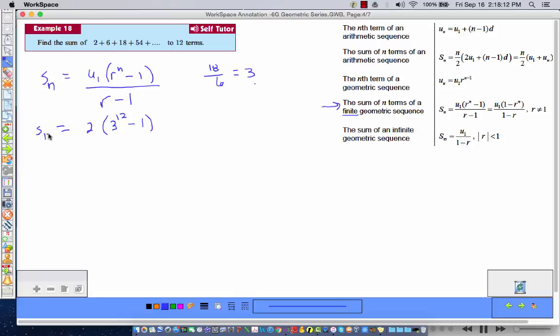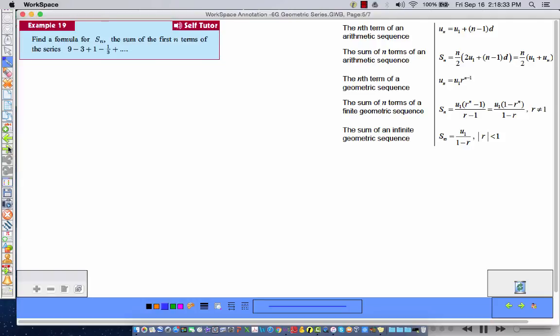I guess I should have put S sub 12 here, the sum of the first 12 terms, all over r minus 1. And you would crank that on a calculator and you would see that that is equal to 531,440. Easy peasy.